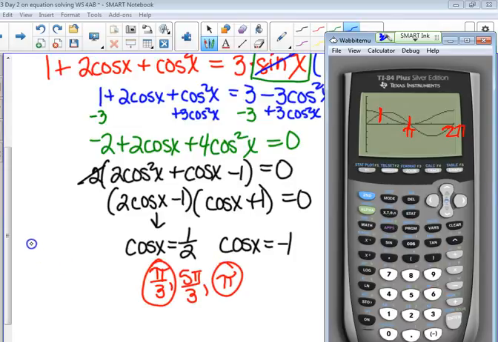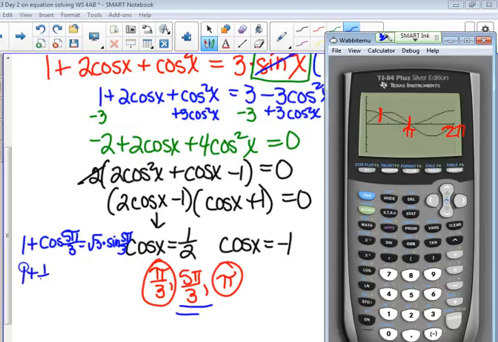I'd like to talk real quick about why. If I plug it back in, it would say 1 plus cosine at 5 pi over 3 equals square root of 3 times the sine at 5 pi over 3. I'm trying to check why this answer doesn't work. Everybody okay? What is the cosine at 5 pi over 3?